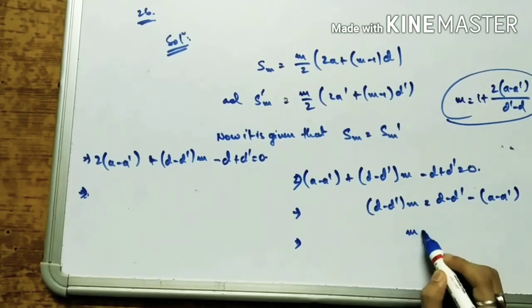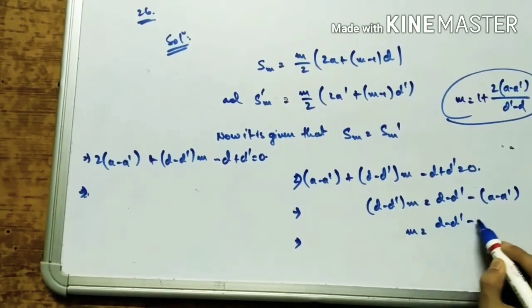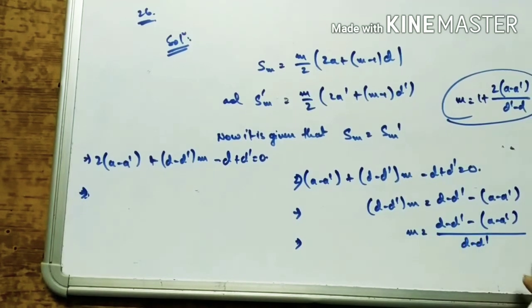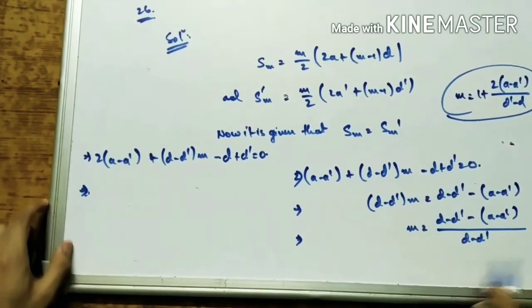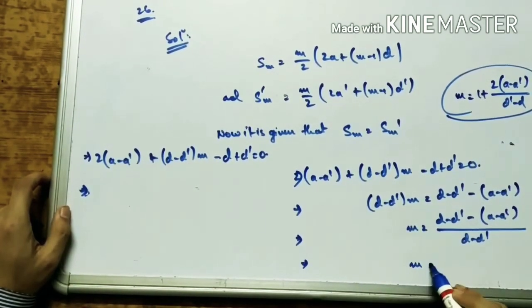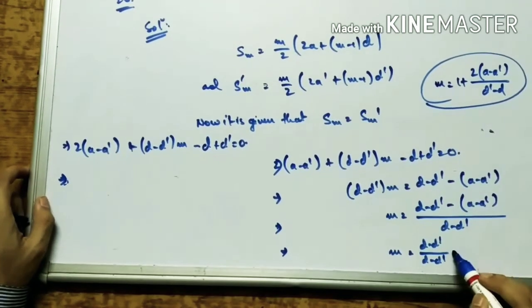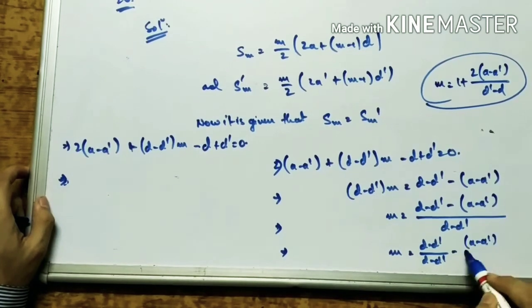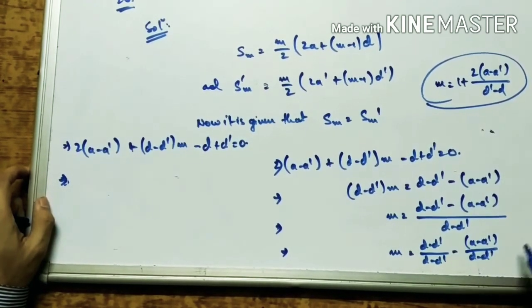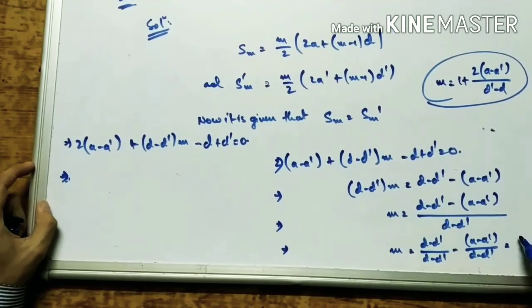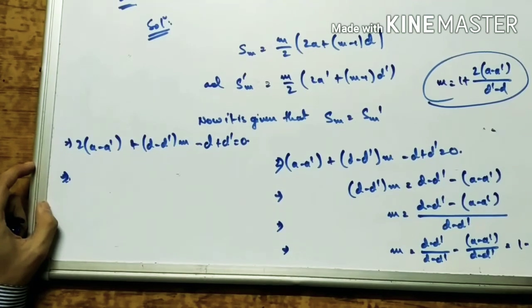Now M is equal to (D minus D dash) minus 2(A minus A dash), all by (D minus D dash). Both sides I will split it. I will get M is equal to (D minus D dash) by (D minus D dash) minus 2(A minus A dash) by (D minus D dash). So ultimately I will get 1 minus 2(A minus A dash) by (D minus D dash).